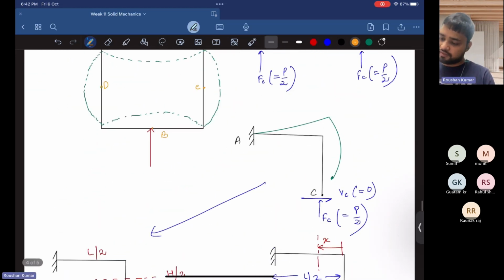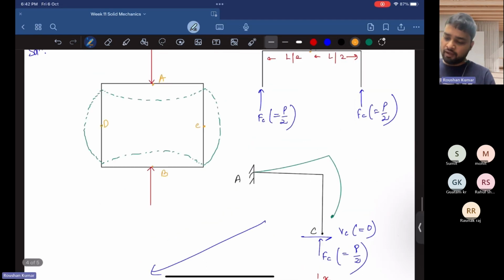So you can see that A and B total displace by some amount. The displacement from here to here and from here to here will be equal. Similarly, the displacement from here to here and from here to here will be equal.